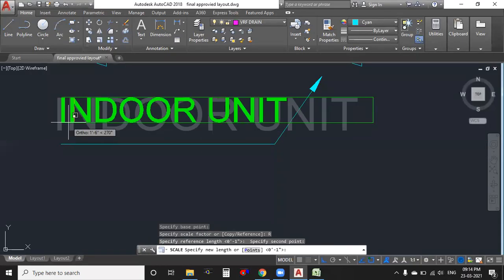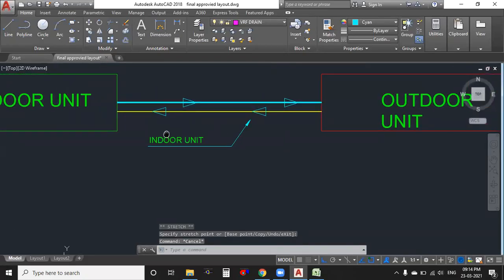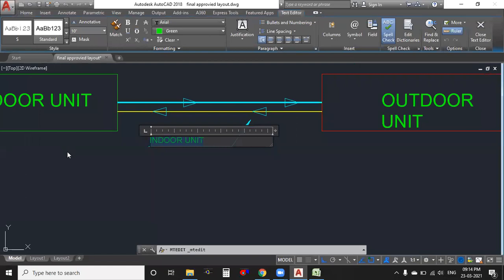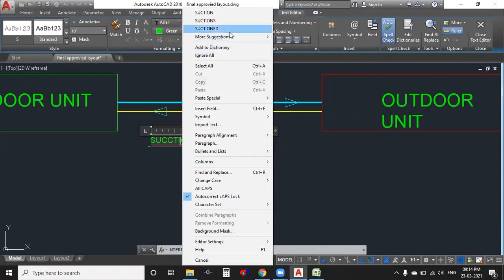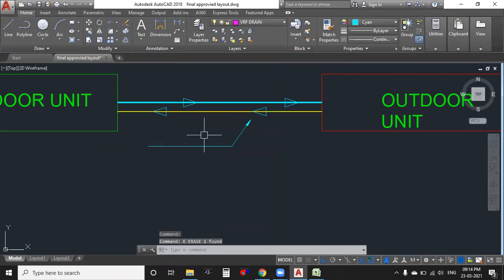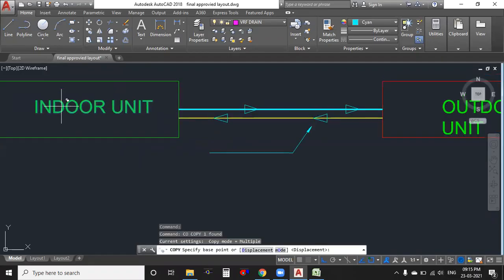I am scaling this one. This one is called suction. So I am making text here. CY, enter, copy from here to here.